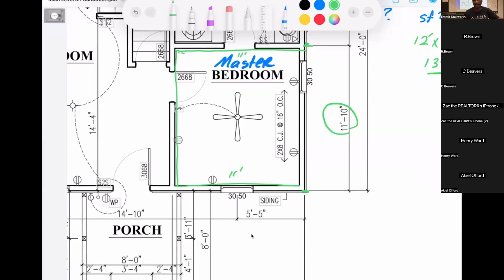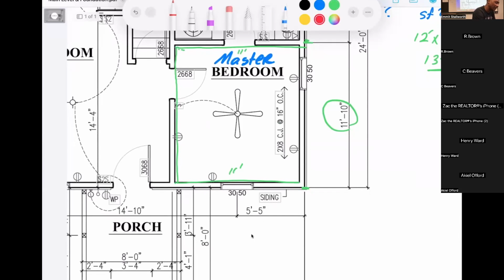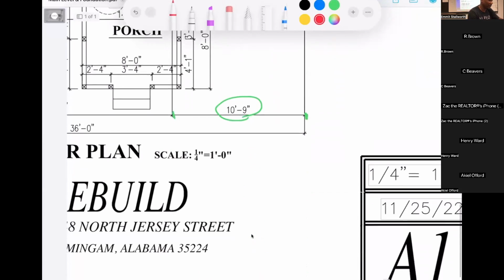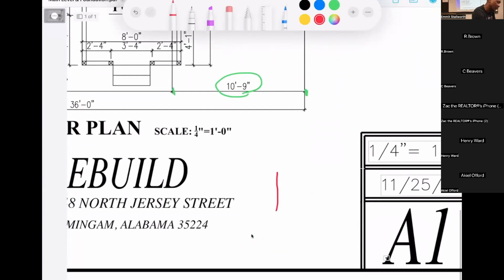Let me show you how the guys do the sheetrock on the door. If this right here is a door, when the guys run sheetrock, they run that sheetrock all the way across, just like this. They'll run a board right here, however high it is.